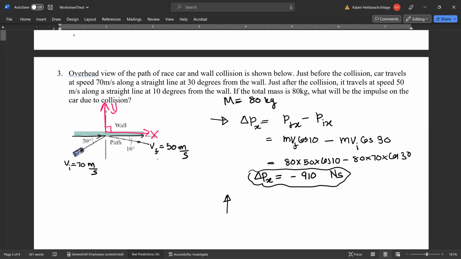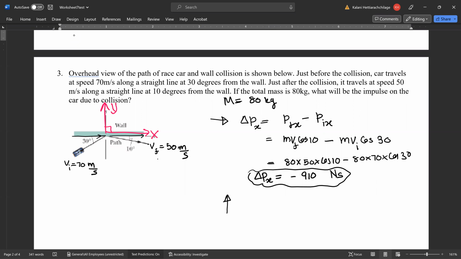So I write it for the object only here. I need to emphasize that since the wall is not moving, I'm writing the change of momentum only for the object in here, the change of momentum of the car, not the system. If I write it for the system here, it also will be 0 because the wall does not have any motion.